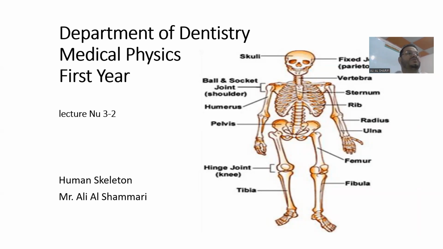In part 1, we illustrated important information about the bone layers, the bone shape, and the relation between the bone shape and the immune function.